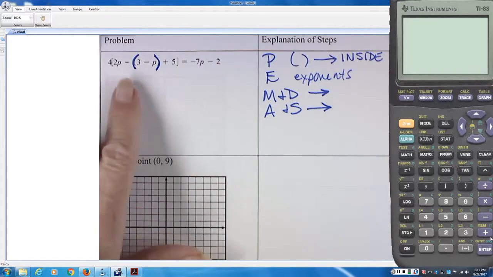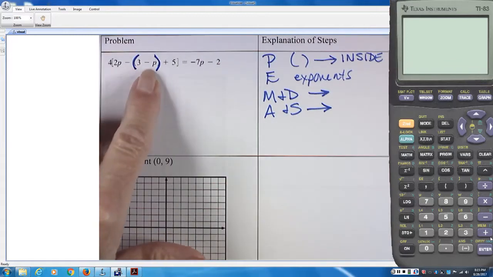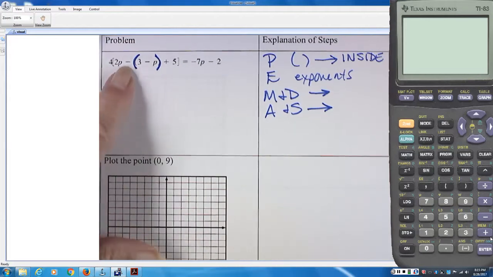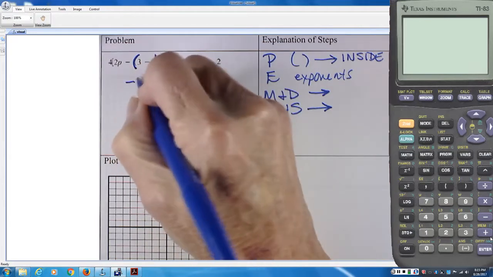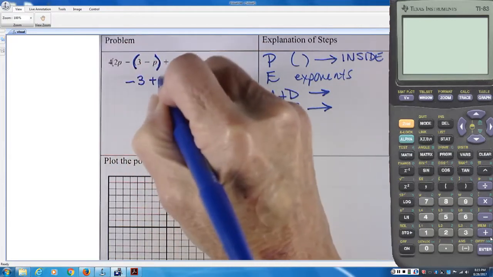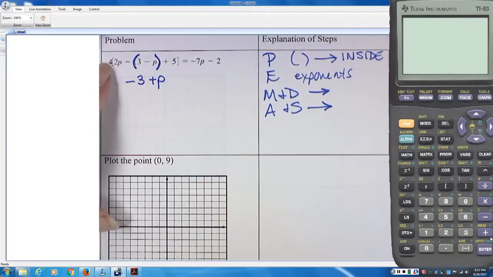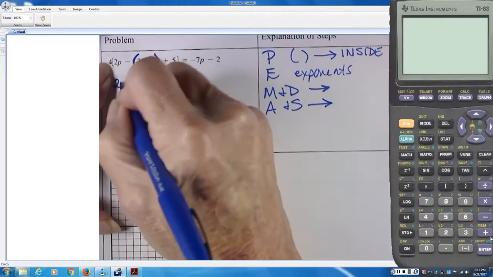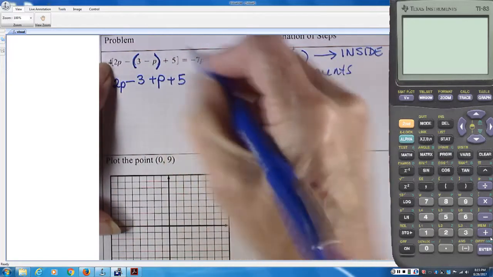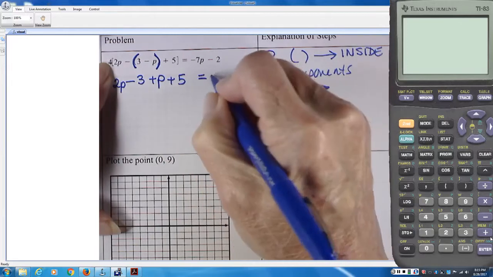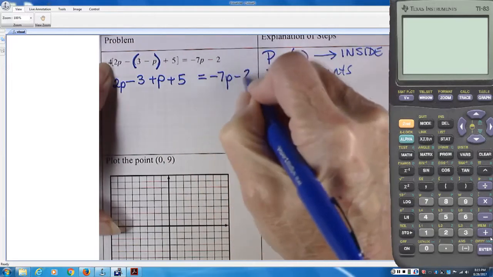Now, since these aren't numbers that I can go ahead and subtract, I know that I'm subtracting both of those numbers from everything else that's in there. So that means that this is minus 3 plus p. And then what's in front of that is 2p. And what's after that is plus 5. And on this side, I still have negative 7p minus 2.